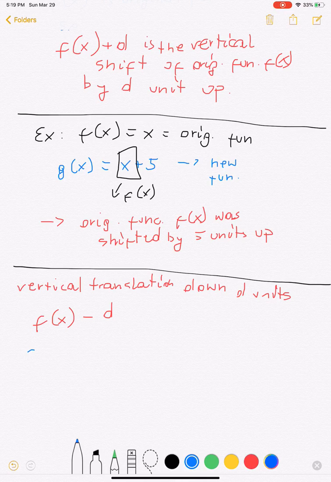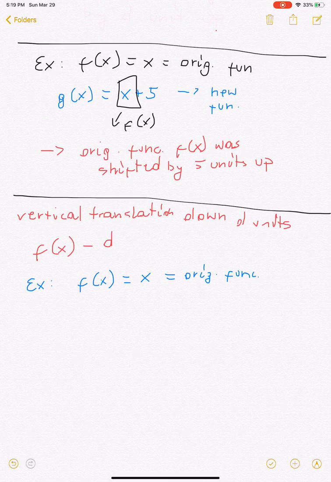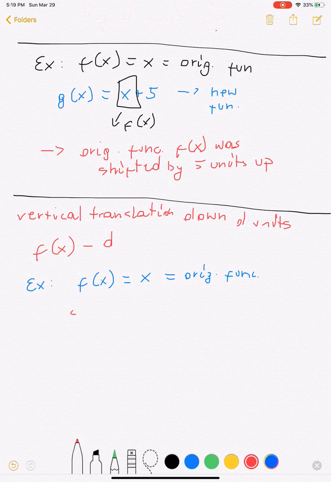Example, f of x, the original function, is equal to x. That's the original function. And what's going to happen? g of x, a translation of the original function, is equal to x minus 5.